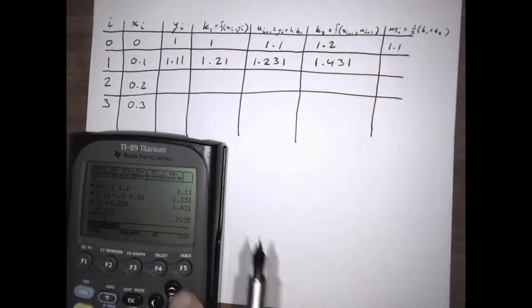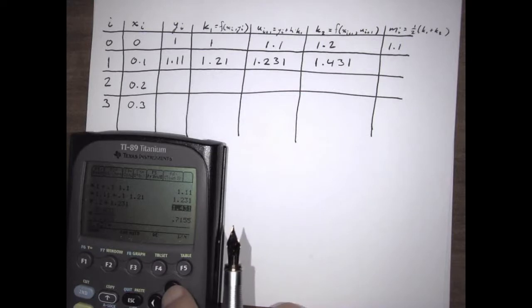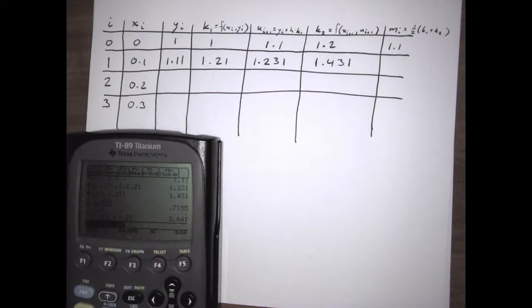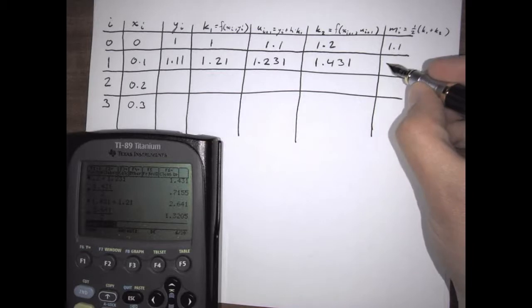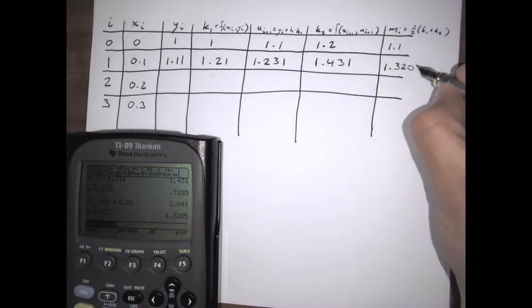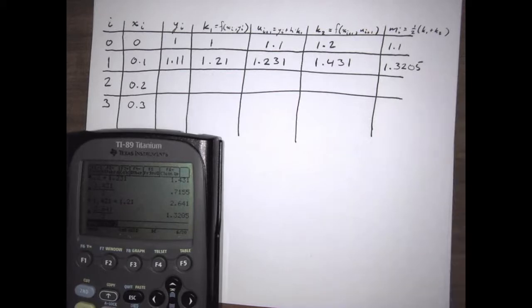And then we take the two k's and we add them together and divide by 2. So that was first k, that was k2, plus 1.21, and then divide by 2. And that gives us our final estimate for what slope we will use from one step to the next.